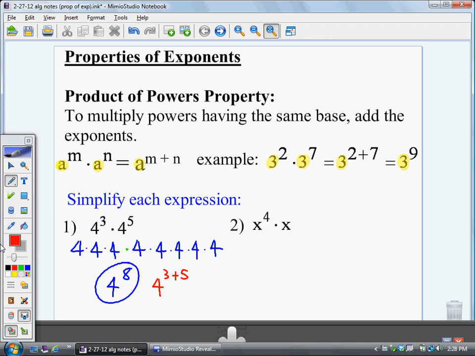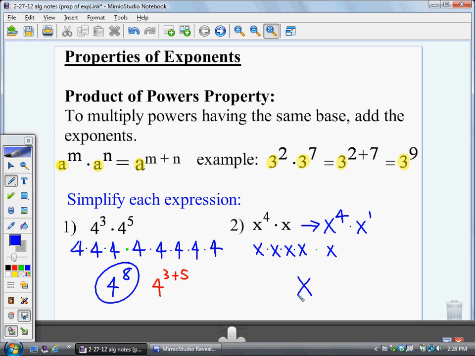On the second example, x to the 4th times x. This could also be written x to the 4th multiplied by x to the 1st. And again, x times x times x times x, and then x to the 1st is just 1 x. We're multiplying. So when you look at your answer, you've got 5 things being multiplied, all of them are x's.